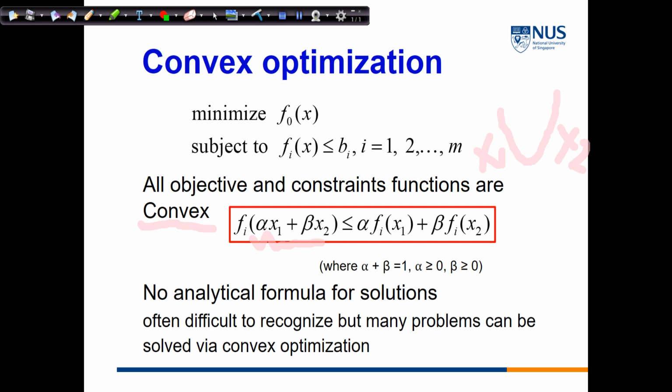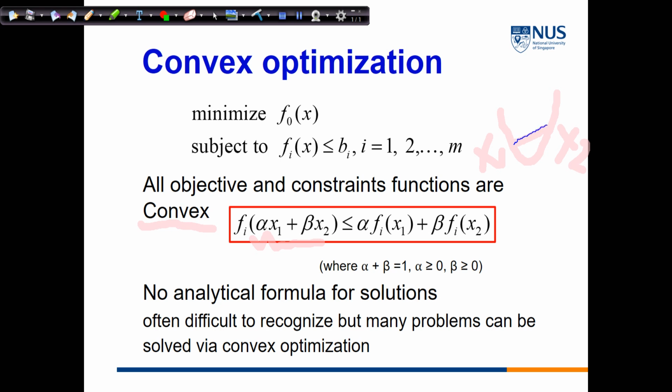So for example, 0.5 x1 plus 0.5 x2, or 0.2 x1 plus 0.8 x2. What does this mean? This is a linear combination of x1 and x2. When you write alpha x1 plus beta x2, it means all the points on the straight line connecting x1 and x2. So it is this line.